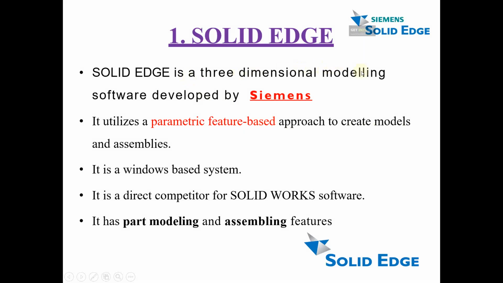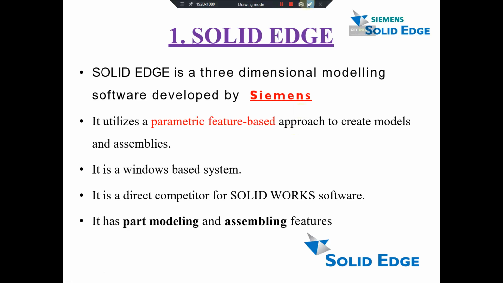So three-dimensional modeling actually starts from two-dimensional figures. So you create a 2D geometry first, or 2D sketch first, and then you convert the two-dimensional geometry into a three-dimensional geometry. And it utilizes a parametric feature-based approach.